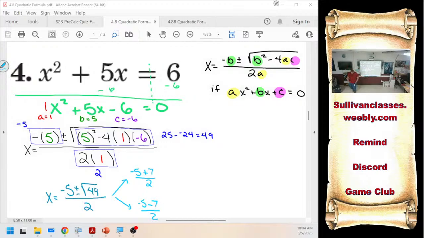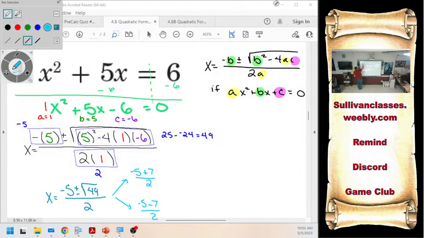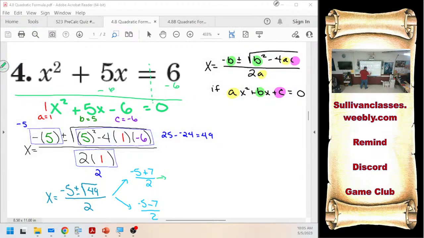Remember, like our example, the division comes at the very end, so you have to take care of what's on the numerator first. What's negative 5 plus 7? Just 2. So this is 2 over 2. What's negative 5 minus 7? You owe me $5, and I'm dumb enough to let you borrow 7 more. Negative 12.